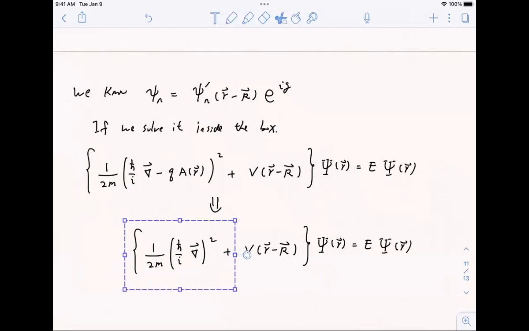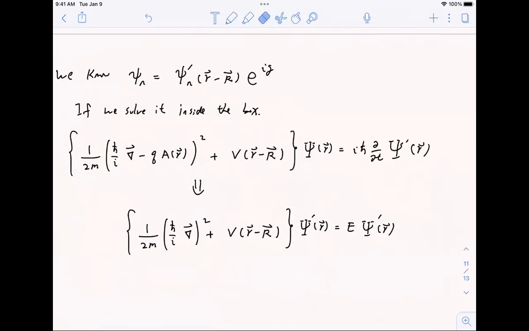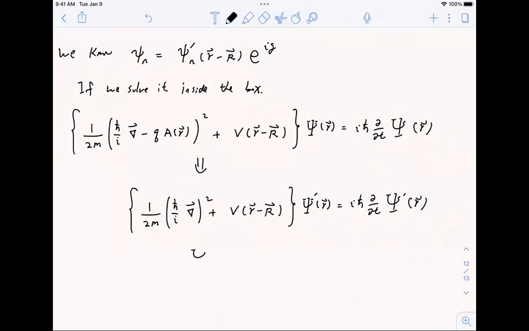So this will be prime. Eventually, you just set this to be a smaller one, then e^{iθ/ħ}.